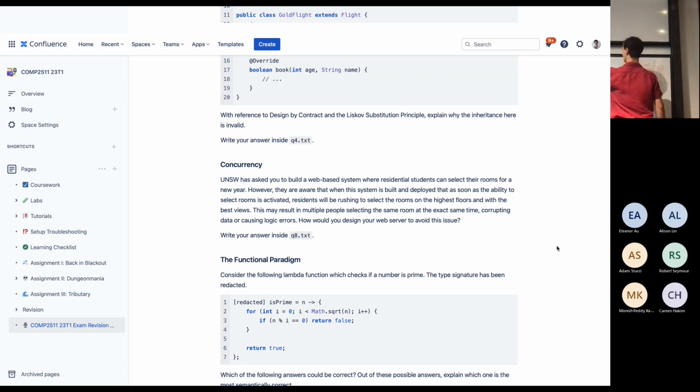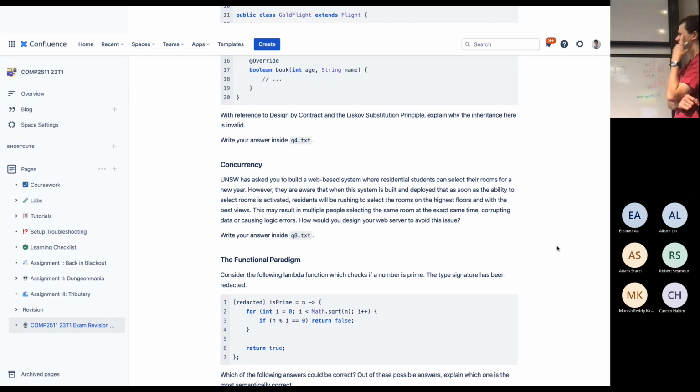The web server, all these requests coming in. And then you just say, okay, I can take one at a time. Do this one, then this one, then this one, so on and so forth. And that prevents you accidentally having a race condition. That's it. That's all you need to say.